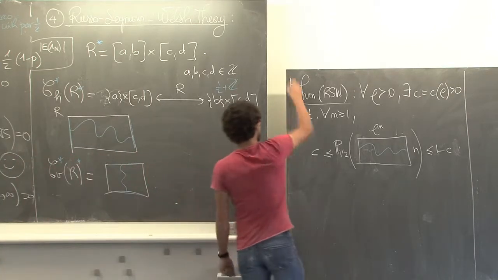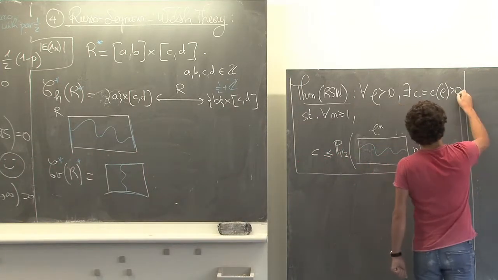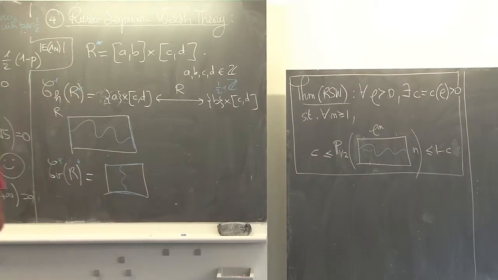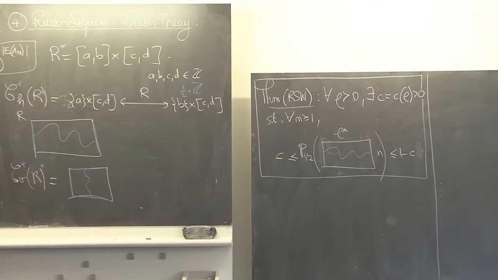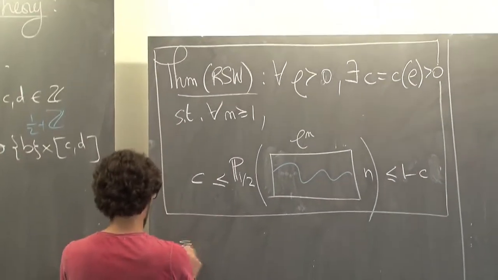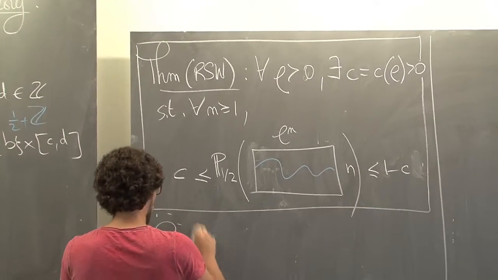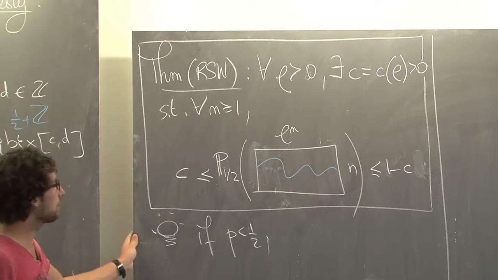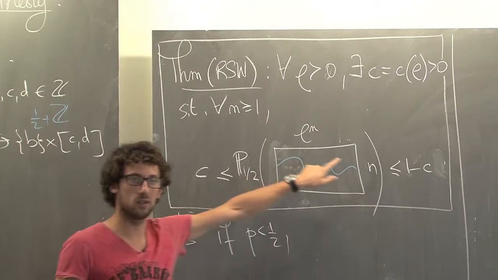And notice that this is a property which is very specific to p_c. So I let you think: if p is smaller than a half, you have exponential decay of the probability that this point is connected to distance n.